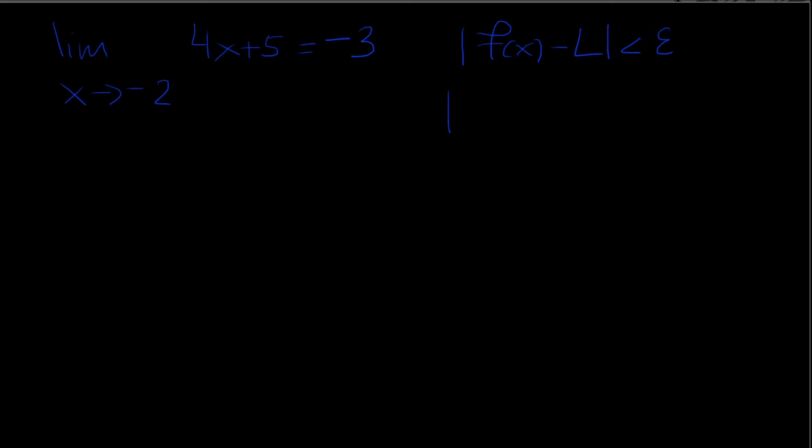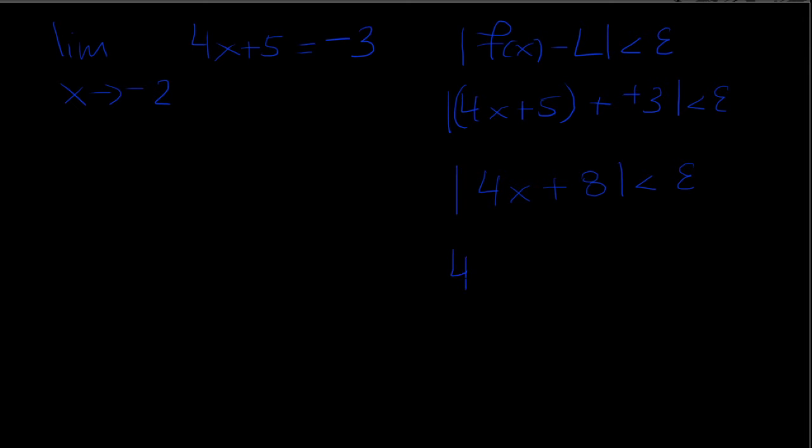Okay, my function is 4x plus 5, and my limit is negative 3. So minus negative 3, and that's less than epsilon. The two negatives will give me a positive, so I can add these. I have 4x plus 8 less than epsilon. And I can pull out a 4.